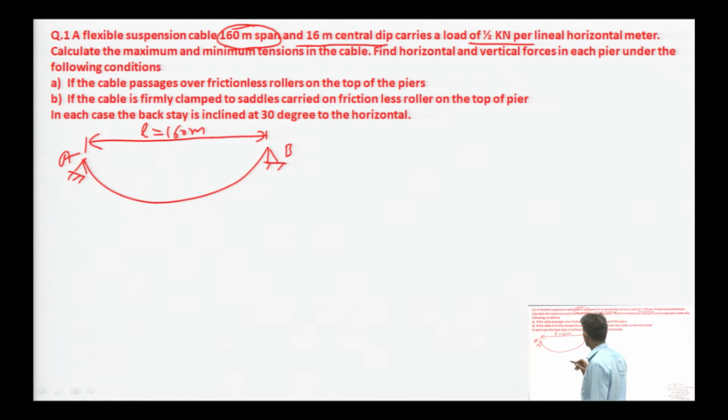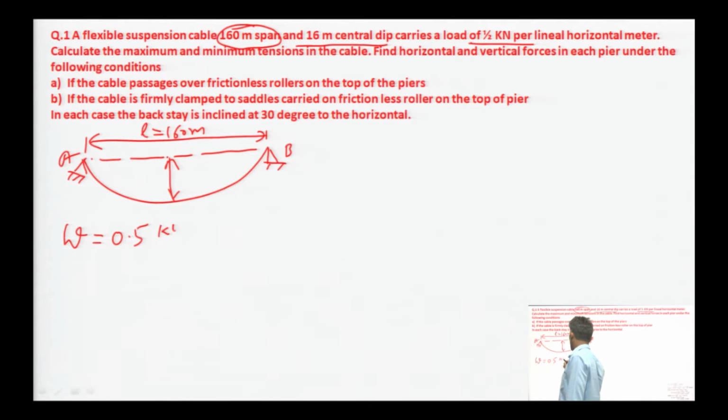We need to, and the load is given to us as UDL. So, W, the UDL, is how much? 1/2 means 0.5 kilonewton per meter. This is the value of W. The D value is given to us, this is 16 meter.